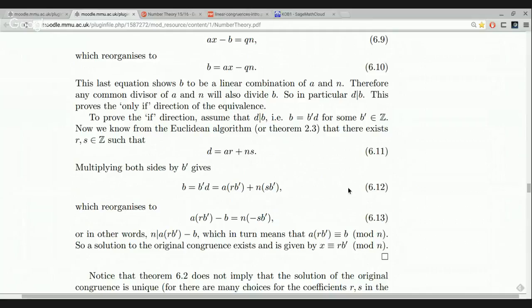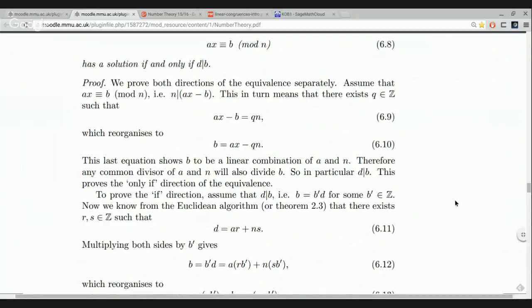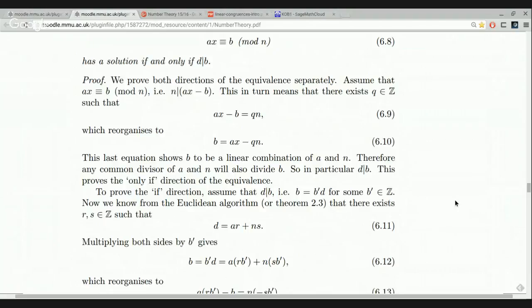So here's A times something congruent to B modulo N. So this something is your X. We've shown that the X exists. Solution exists. So that's the second half of that if and only if proof. If D divides B, here's where we assumed it, then solutions exist. Okay.